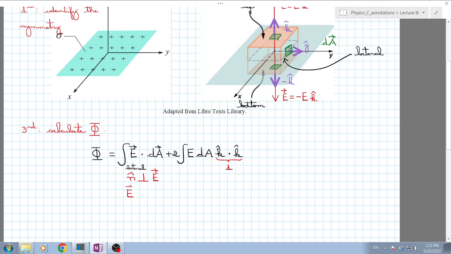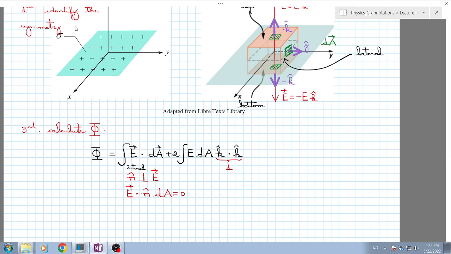The integral we don't need to calculate, I'll write it here just as a reminder of how to solve this. Okay, so we're going to have only this result here.